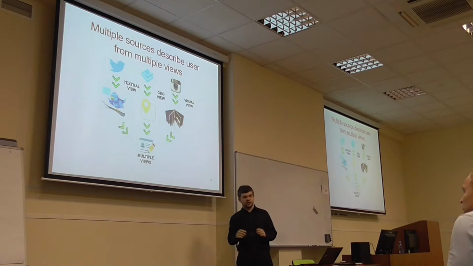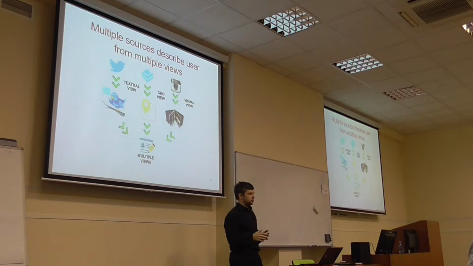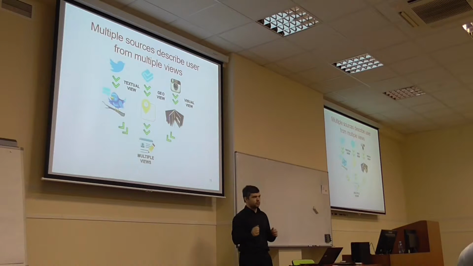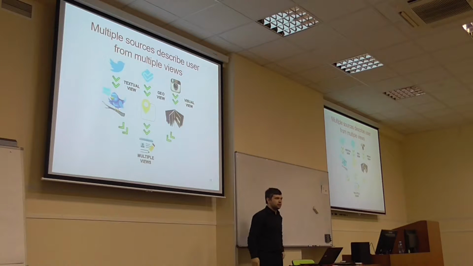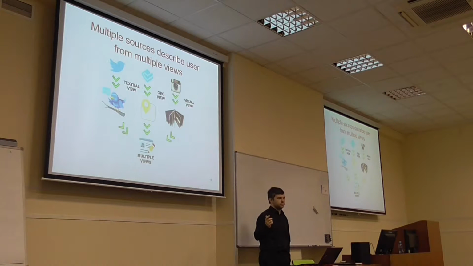So we don't have just text data anymore. We have multiple data sources of different modality, like image data, location data, and text data, and all these forms are user profiles. So we believe we can enhance the overall performance of whatever we do by integrating all these multiple sources rather than using just one, for example, text or just location data.